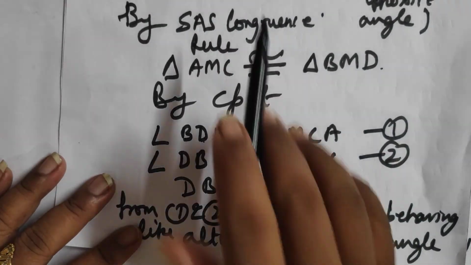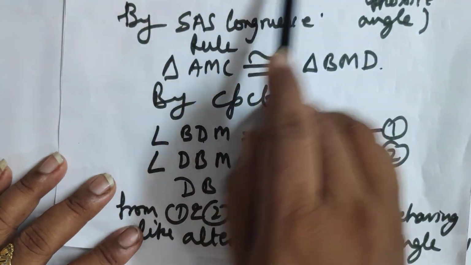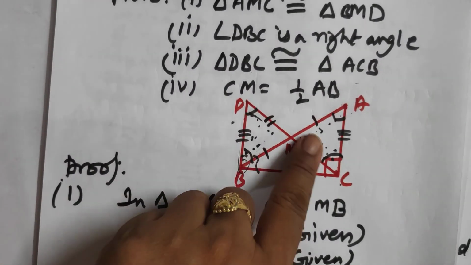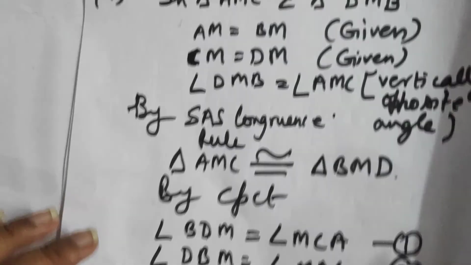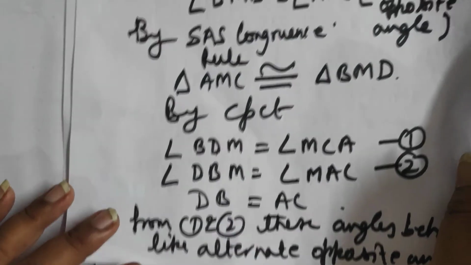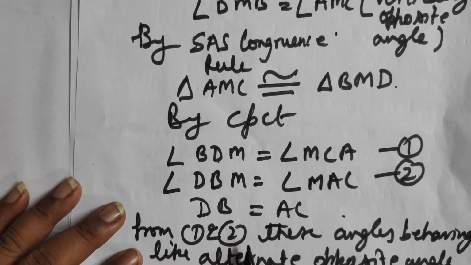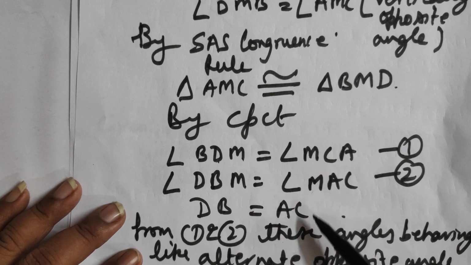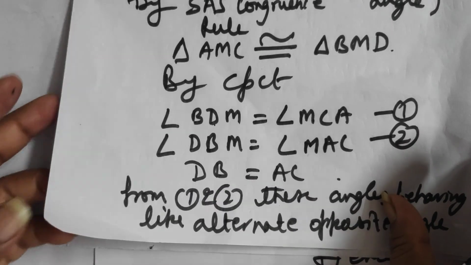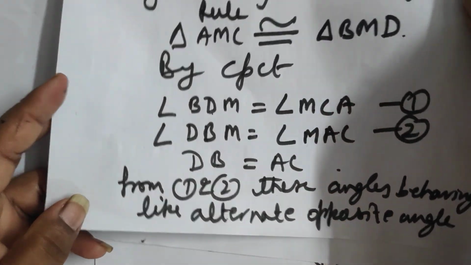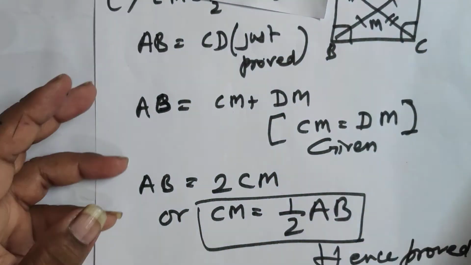What is very important is that by CPCT we are getting all 4 points, because we are using them even to prove the rest of the 3 points. Yes, I hope it is very clear to you.